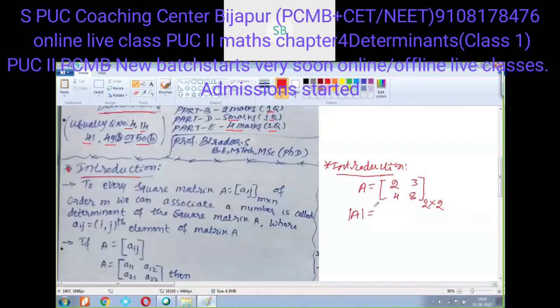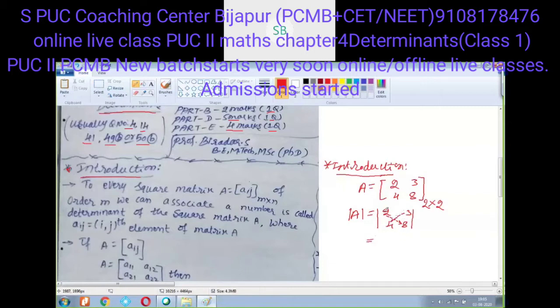Determinant of matrix A equals, determinant means you write vertical lines in this way: 2, 3, next 4, 8. See here, all of you, you multiply diagonally, along this diagonal, this element into this element, minus, along this other diagonal. While taking this side, compulsorily you have to take a minus.